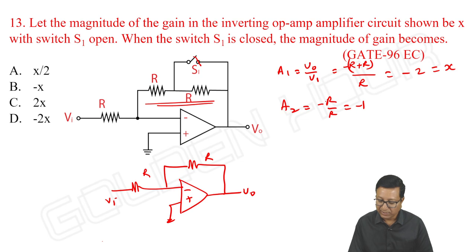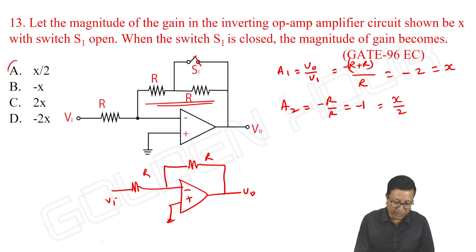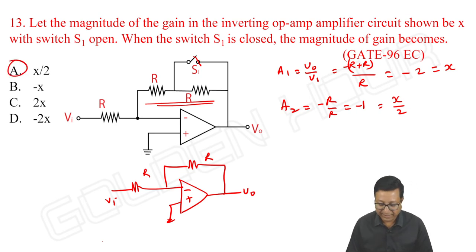Okay, what are they asking? The magnitude of the gain becomes X by 2. Is it not so? Okay, so option A is correct. So very simple thing. Just to confuse us, to be frank, nothing is there in this problem.